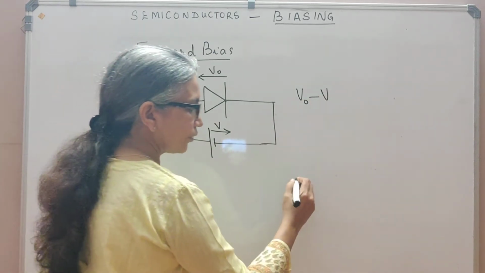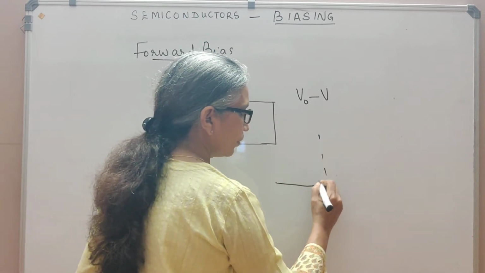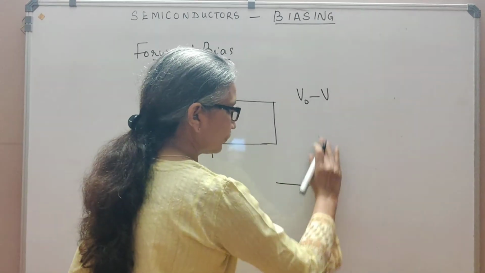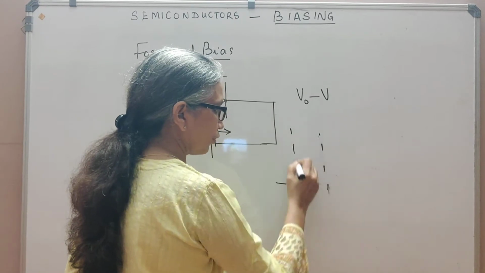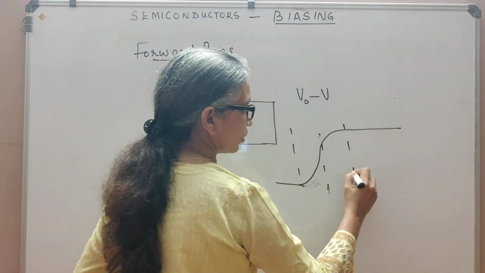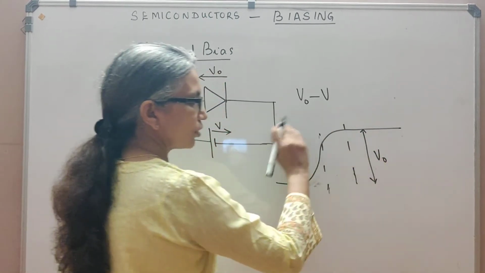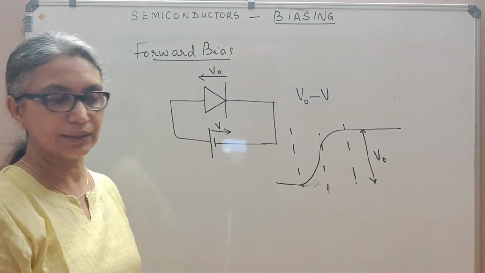I hope you remember that in our previous session I had drawn the potential barrier for you. Okay, so this is the potential barrier V0 across the P and N sides.